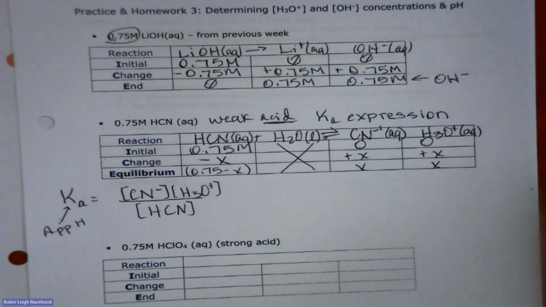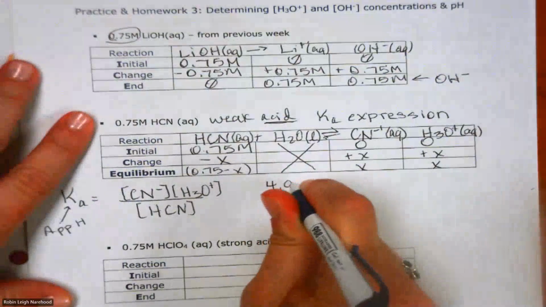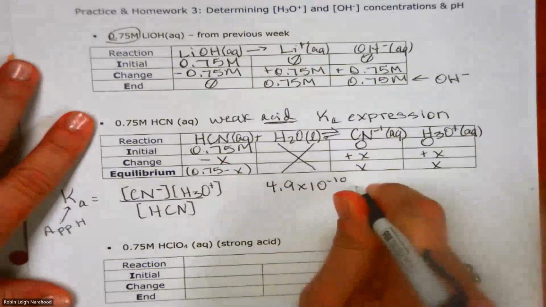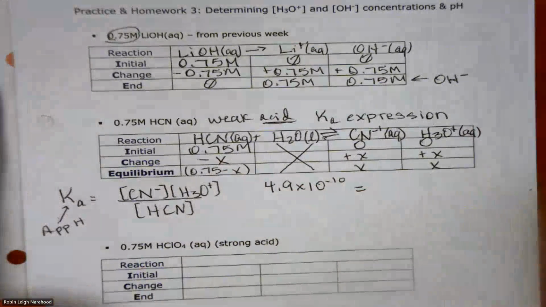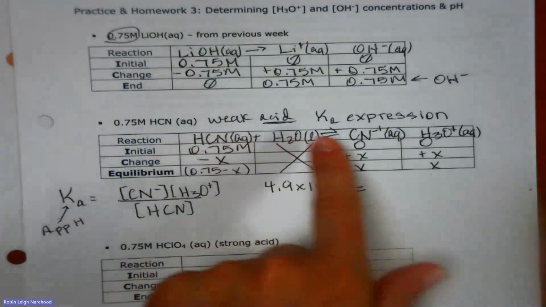4.9 times 10 to the negative 10. That is really small. That is a really, really, really small number. The smaller it is, the weaker the acid is. And a weak acid is one that does not easily lose a hydrogen in water.